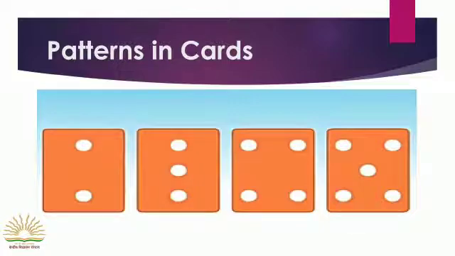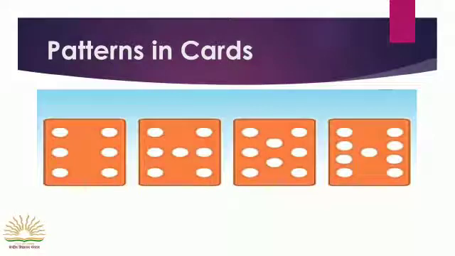Children, let us follow the same pattern and find out the pattern of the next 4 cards. Now children, the next 4 cards will be with 6 dots, 7 dots, 8 dots and lastly 9 dots.